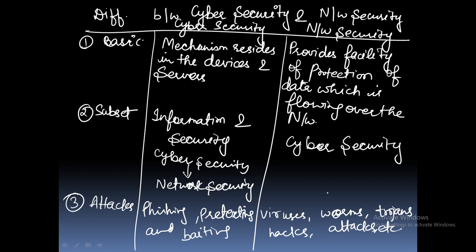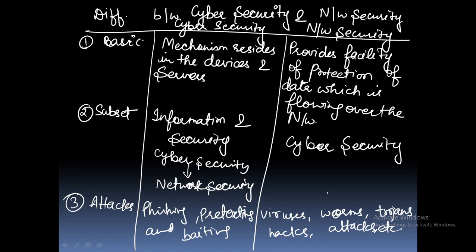On the other hand, network security serves as the facility to protect the data flowing over the network. According to the second point, subset, information and security both are included in cyber security, and network security is the subset of cyber security.